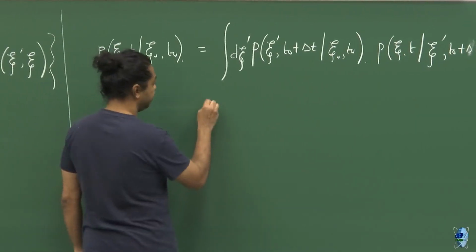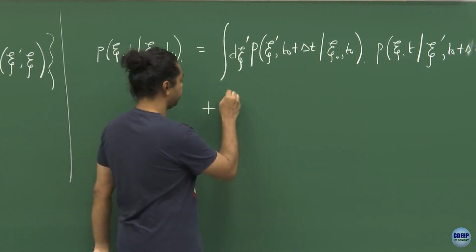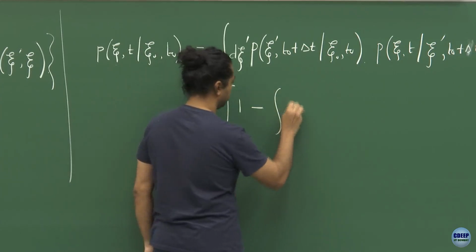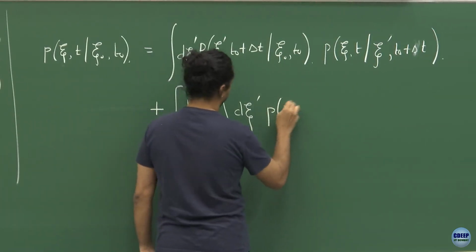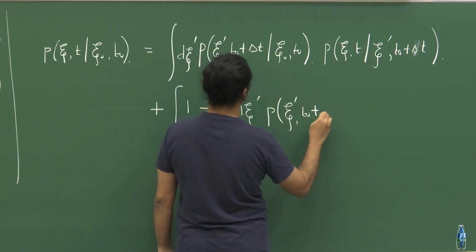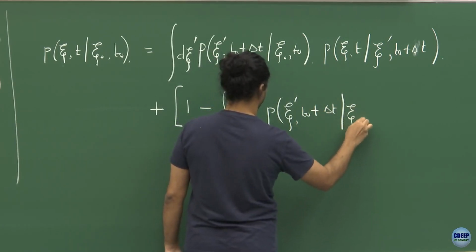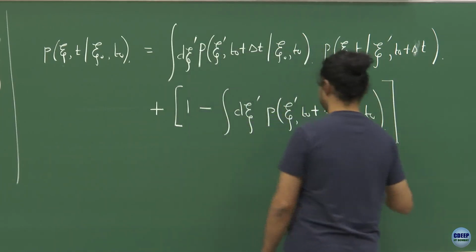And then the remainder is that in that time I did not make any transitions, which is 1 minus integral d psi prime P of psi prime, t naught plus delta t, psi naught comma t naught, right.